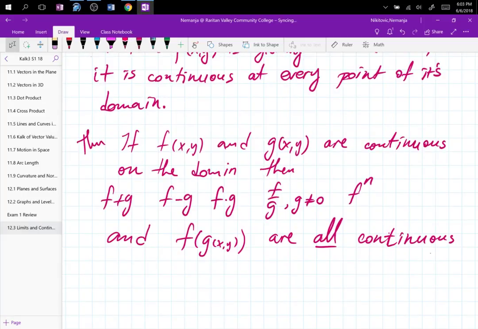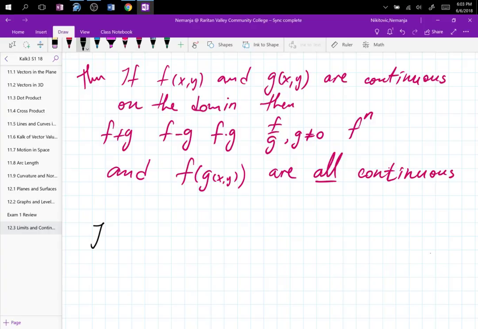So if I put a continuity problem on the exam, you have to solve it by writing a paragraph, right? Let's say I have sine of xy plus y cubed.